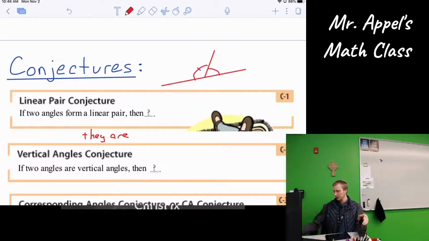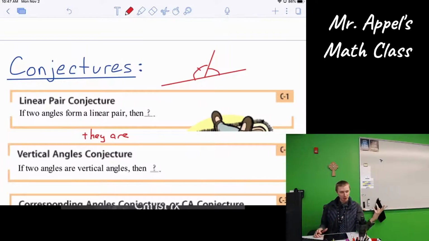Okay. Edlin, same thing. Yes, you are correct. Is there one term that means all of that? Adjacent is technically correct as well, but we can be a little more specific. That is true. They will also be adjacent. Every linear pair, I think by definition, will also be adjacent. That's not as helpful though.